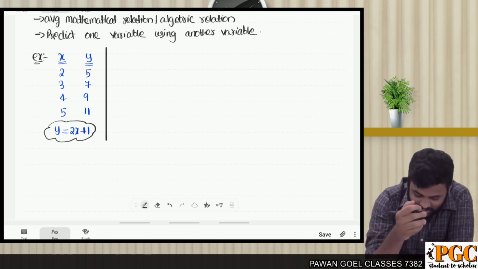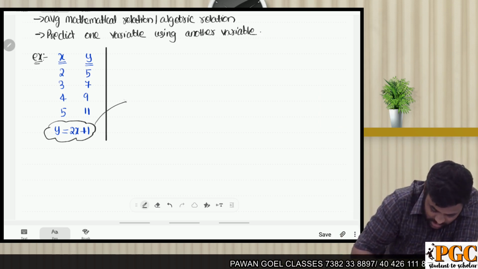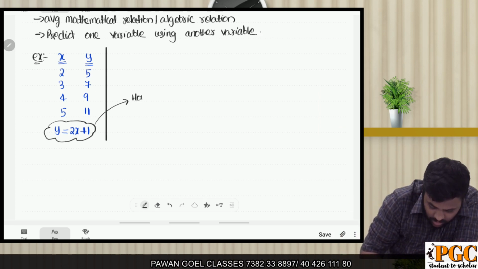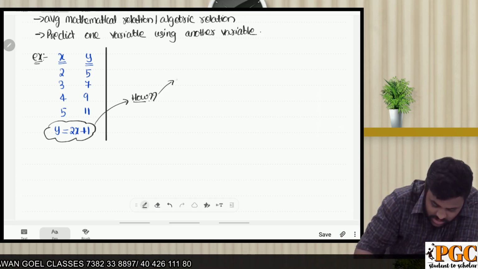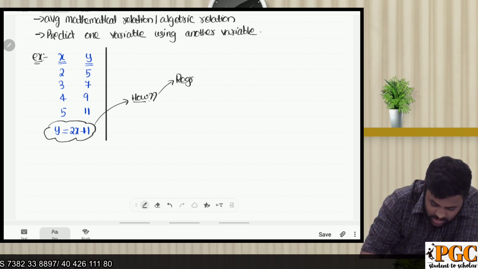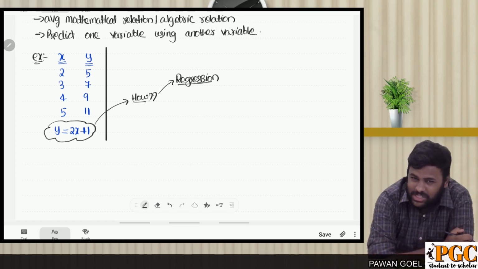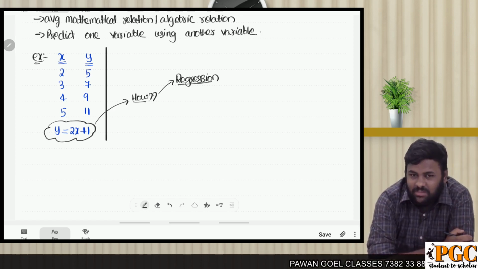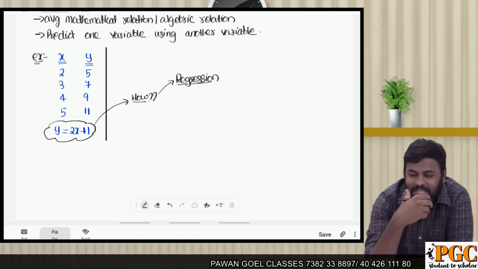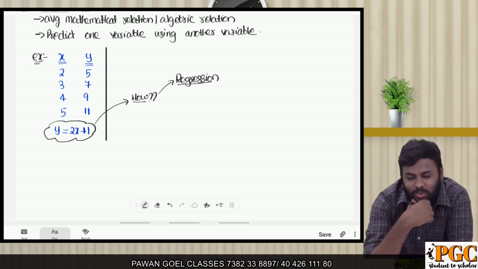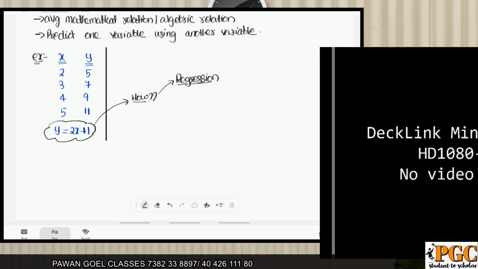So how to compute these types of equations, this logic is given by a concept called regression. Okay, so I hope it is clear, my dear friends, what is regression. Regression is nothing but you are trying to establish an algebraic relation between two or more variables. We call it regression.